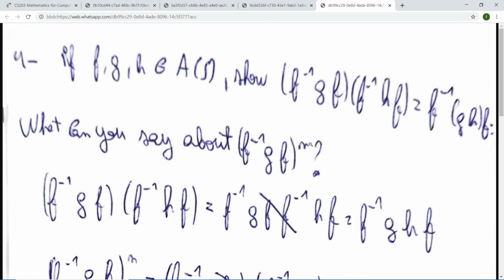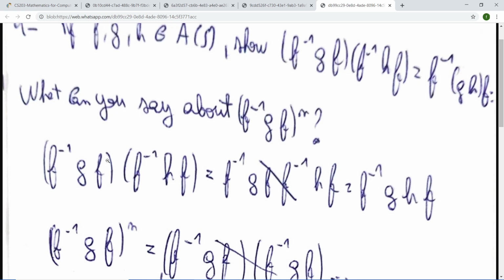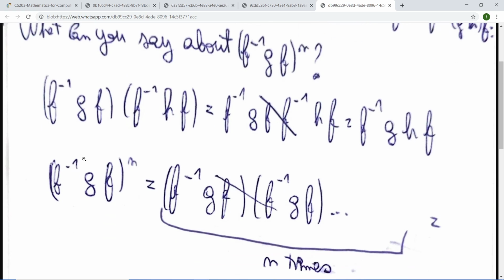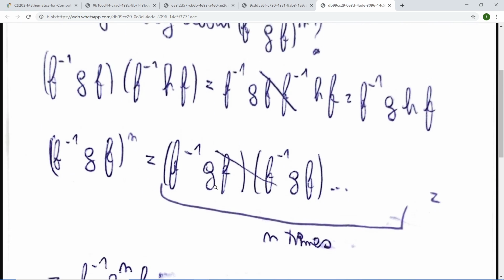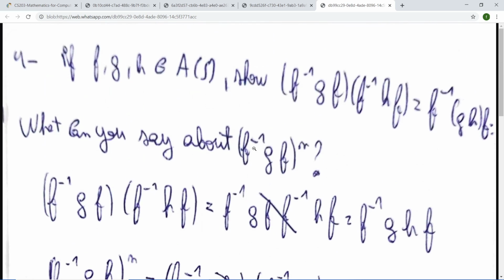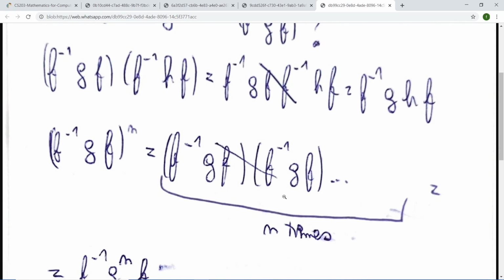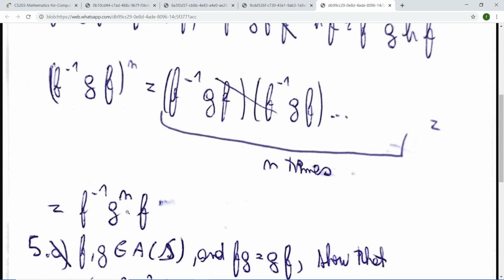After I realized that this happens, then I could remove f times inverse of f and substitute it by the identity function. So yeah, that's how we got there. And for what can you say about f inverse g f all elevated to n? Well, then I just expanded it and realized that it would get to this.